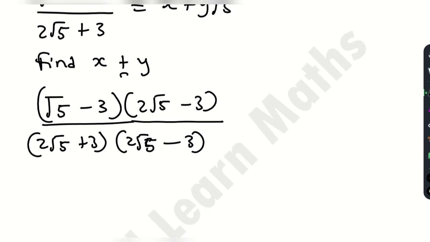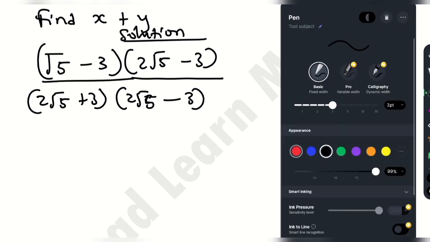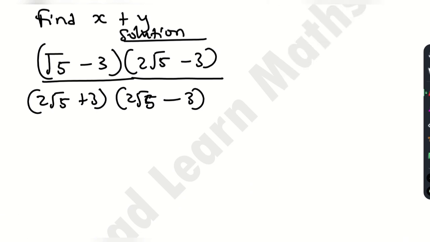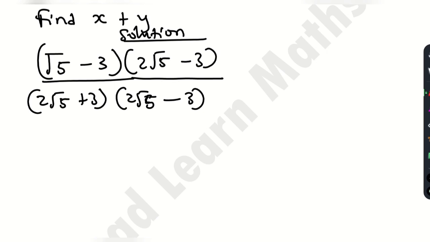Now, it's going to be very easy to expand the denominator because it's from difference of two squares, like I explained before. Binomial expansion for the numerator, we cannot use difference of two squares because it doesn't look like what we have in the denominator. So I'm going to use root 5 to multiply 2 root 5.